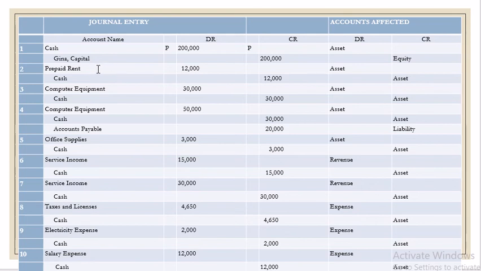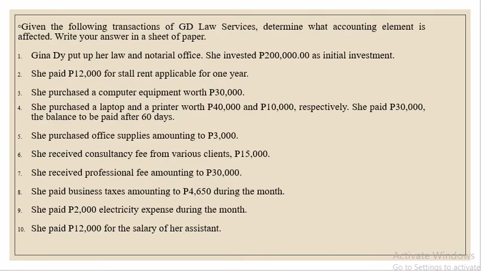So, prepaid, 12,000. And then, accounts affected, assets. And then, ano yung sa credit is cash. Kung titingnan natin yung cash dito ay debit. And then, nagbayad siya ng renta. So, nabawasan yung cash niya.